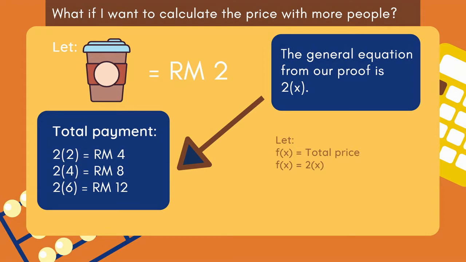So from the quick experiment, I can extract the general equation, which is 2x. 2 representing the price, x is how many cups of coffee needed. Let fx equal to the total price, fx equal to 2x.